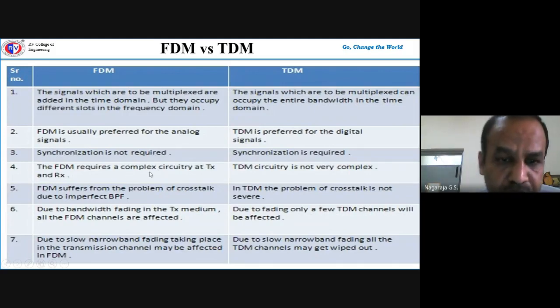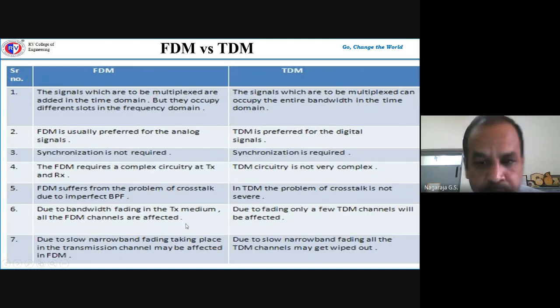FDM requires complex circuitry at the transmission and receiving side. TDM circuitry is not very complex. FDM suffers from the problem of crosstalk due to imperfect filtering. In TDM, the problem of crosstalk is not severe. Due to bandwidth fading in the transmission medium, all the FDM channels are affected.